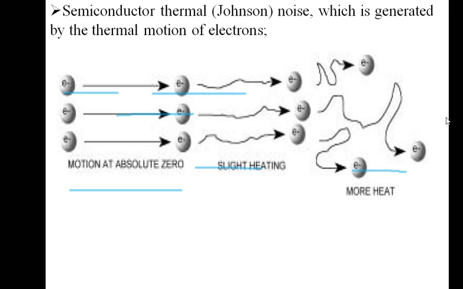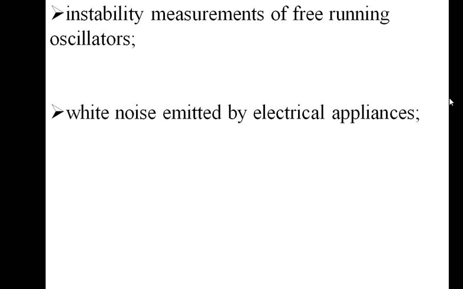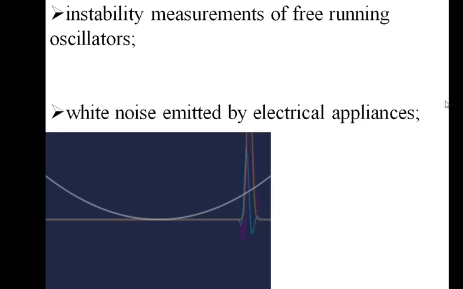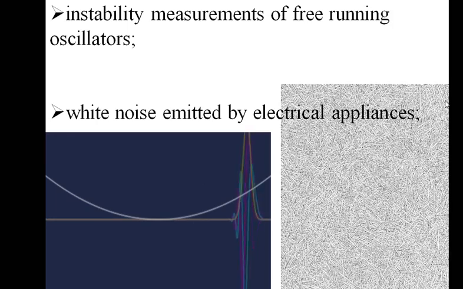Another example, semiconductor thermal noise, which is generated by thermal motion of electrons. So this is also based on physical phenomena, a hardware device. Instability measurements of free-running oscillators and white noise emitted by electrical appliances.